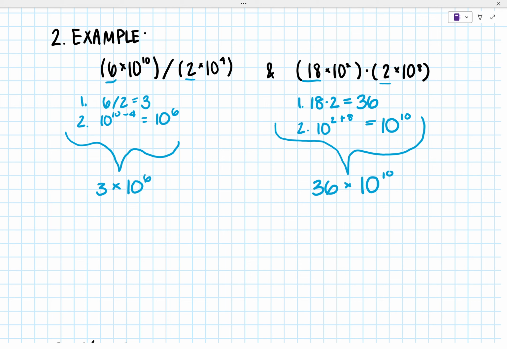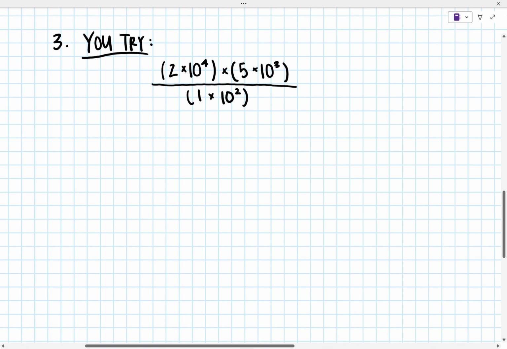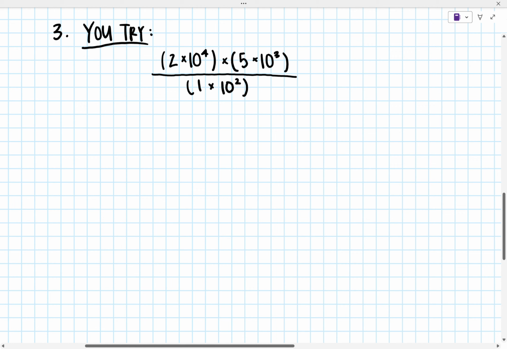Okay, great job, class. Now you are going to try to solve this example. 2 times 10 to the power of 4 times 5 times 10 to the power of 3 divided by 1 times 10 to the power of 2.